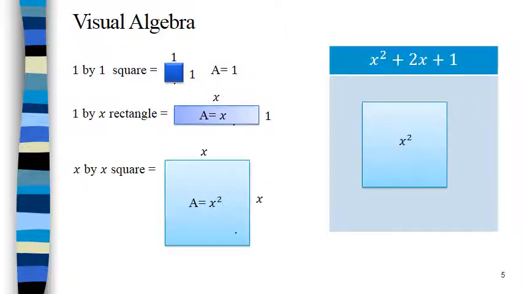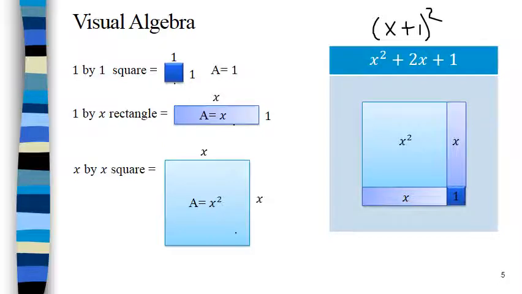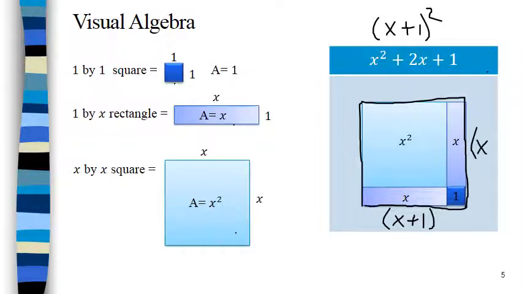Specifically, if we can orient them in such a way that they create a square, we will notice that we can think of it as a perfect square trinomial, because its area can be arranged into a perfect square that is x plus 1 by x plus 1, because this is x long and this is 1 long, this is x long and this is 1 long.